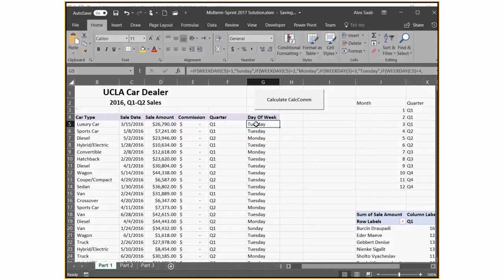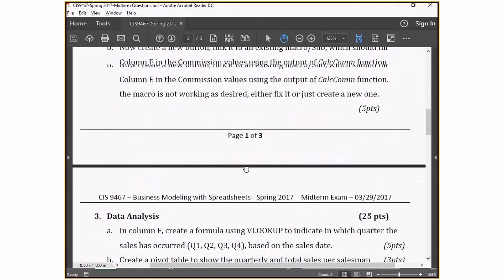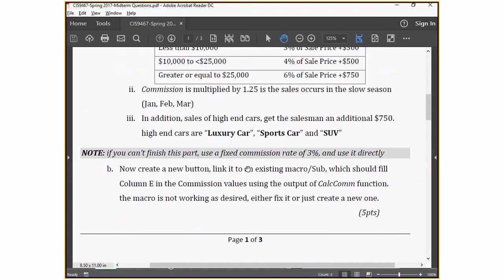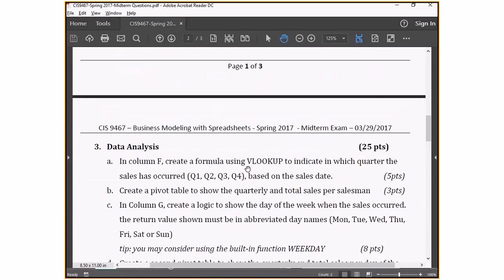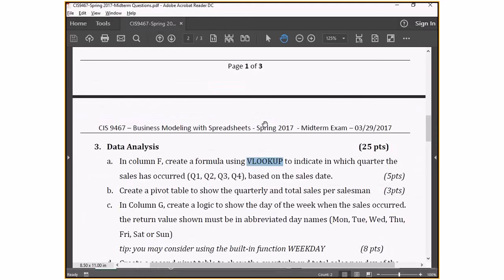Now the day of the week. For the day, I didn't specify how to show it.